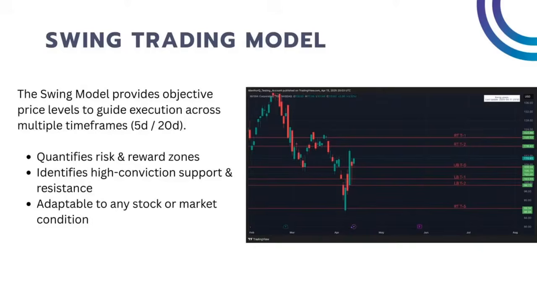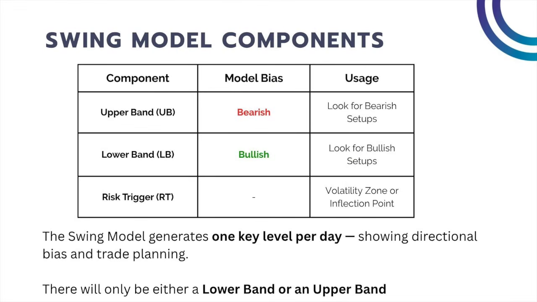So we can cover stocks, ETFs, and indices, and of course, provide you with the data. The swing model is based on 3 components. We have our upper band, which would be the upper level of resistance that we see, and it would come when we have a bearish bias.